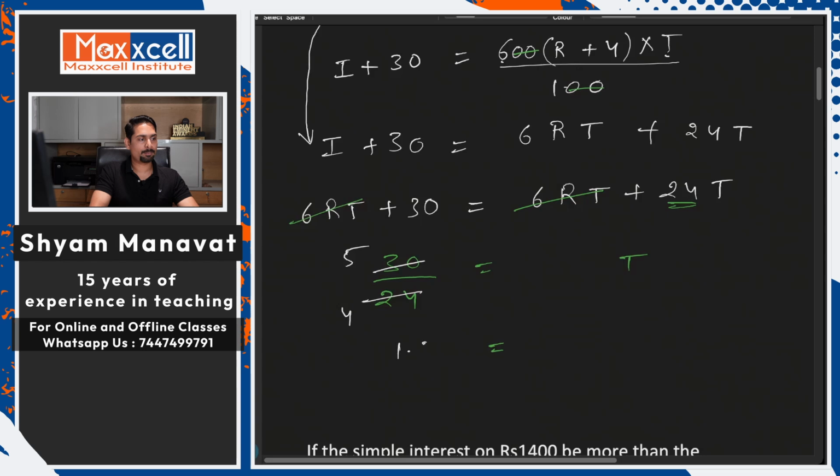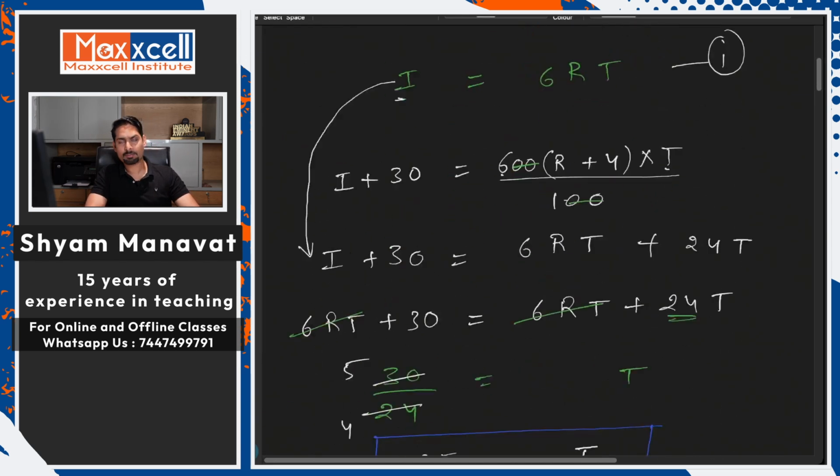What will you get? 1.25. This is the time. What will be the unit of time in this case? It will be years. So you got the answer. The question said find out time, so we found out the time.